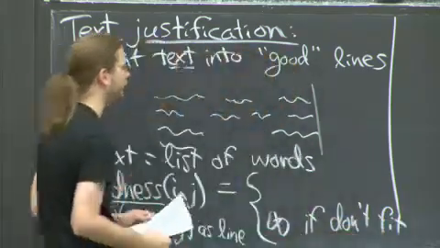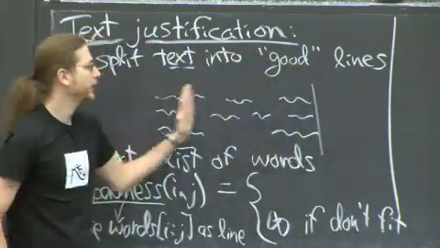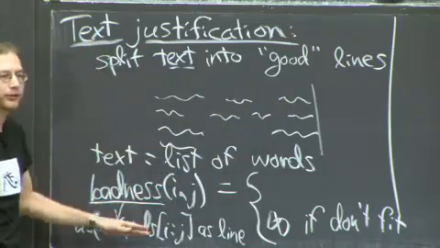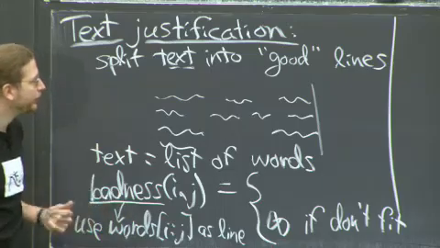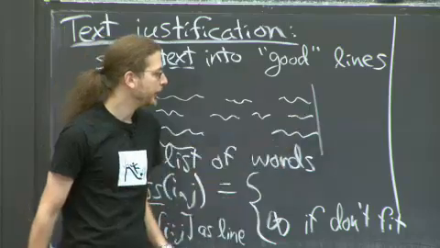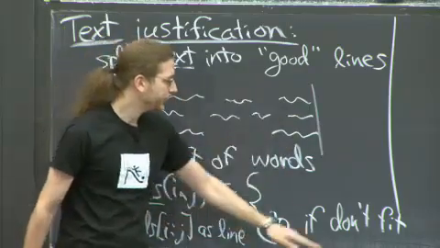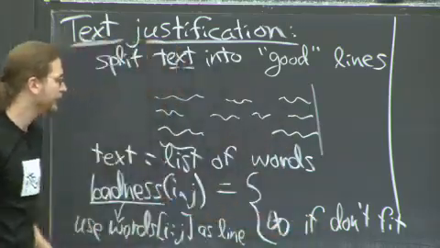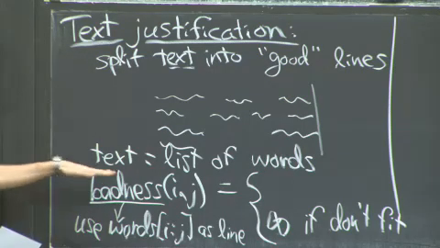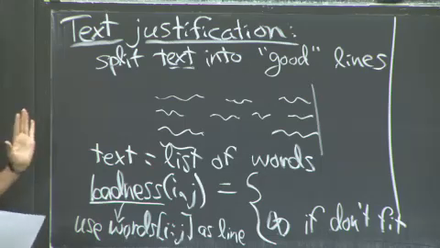I have some notion of how wide my line can be. And if the sum of the lengths of those words plus the sum of the lengths of the spaces, as small as possible, is bigger than the width of my screen or page, then I say they don't fit. And then I define badness to be infinity, meaning I never want to do that. This is actually LaTeX sloppy mode, if you want to be technical.